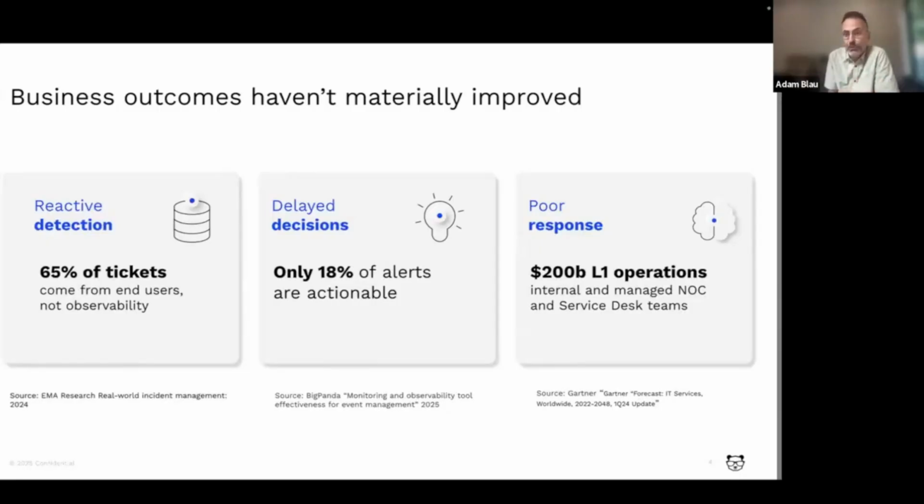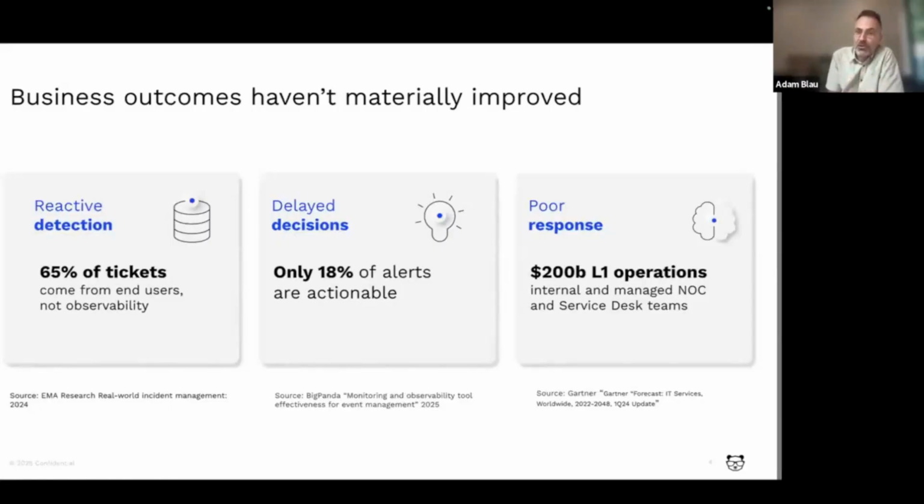Why is this concept so important? And why is noise so detrimental to actually detection? And because you can't detect what's happening, because you don't have the information you need to take a decision, your response process is very challenging. So customers of ours have large in-house and outsourced L1 operations.